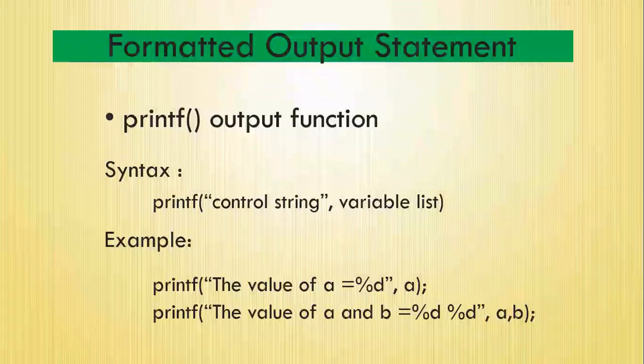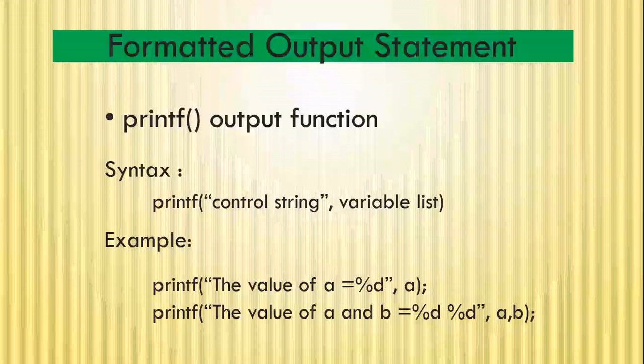The control string basically consists of three types of components. First, characters that will be printed on the screen as they appear. Second, format specifiers that define the output format for the display of each item, that is %d or %c or %s.